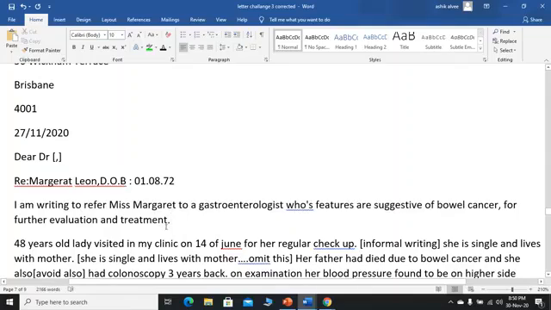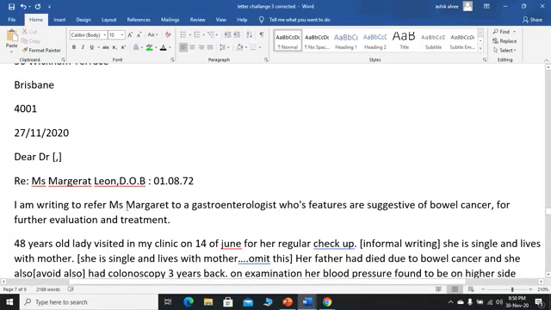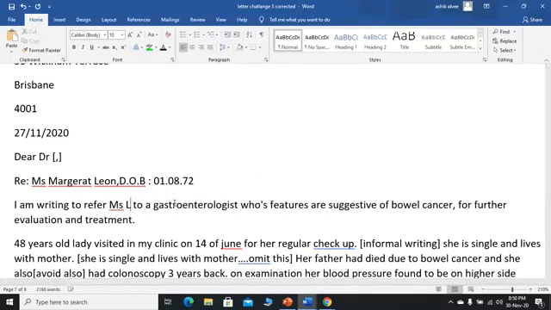Number one, it should be Ms Leon, not Miss. Here, there is also missing, it should be Ms Leon, because we do not know the marital status for sure, and she's an aged person. She can be divorced. So it should be Ms Leon. To a gastroenterologist.